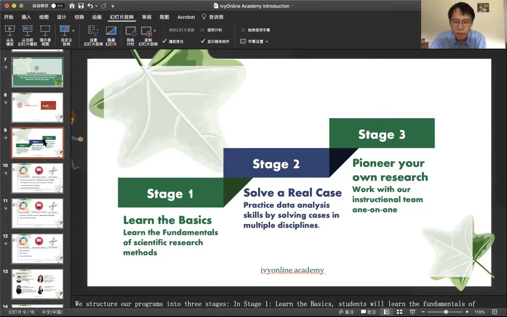After students know the process of data analysis, they can move on to the 3rd stage, pioneering their own research. They can work with our researchers and faculty members one-on-one and get individual guidance on their own research.